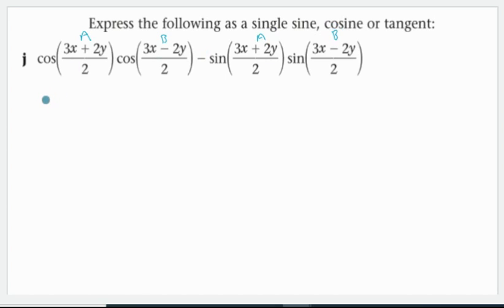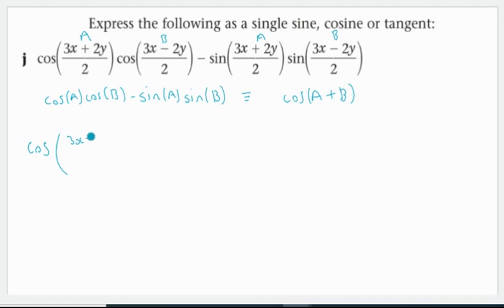So this is simply cos A cos B minus sine A sine B. And lo and behold, that is the expansion for cos of A plus B. But remember, A was equal to 3x plus 2y over 2.